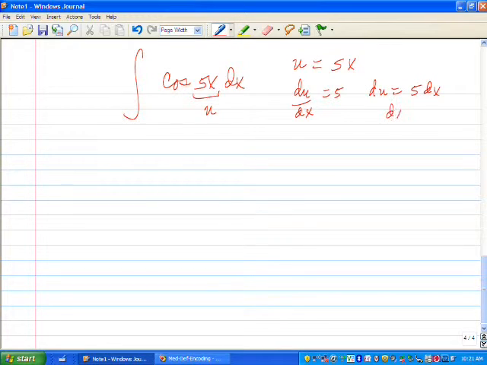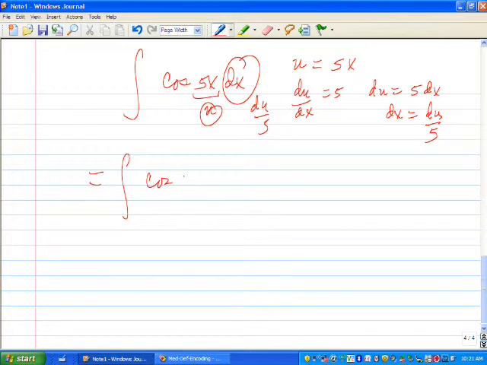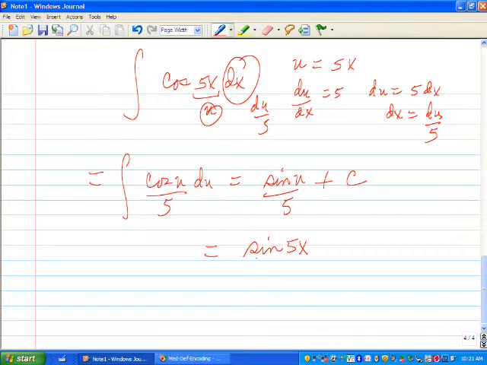So dx is equal to du over 5. And of course, the 5x is used, so that integral is equal to cosine of u du divided by 5. And we know that that is equal to sine of u over 5 plus an arbitrary constant. So we get sine of 5x over 5 after we resubstitute for u, plus a constant.